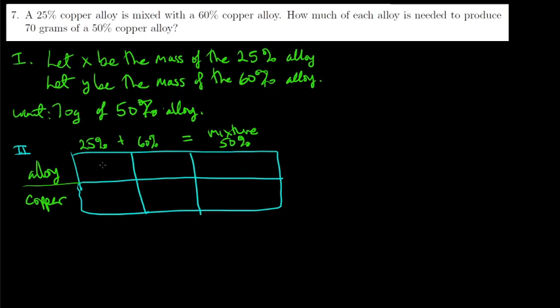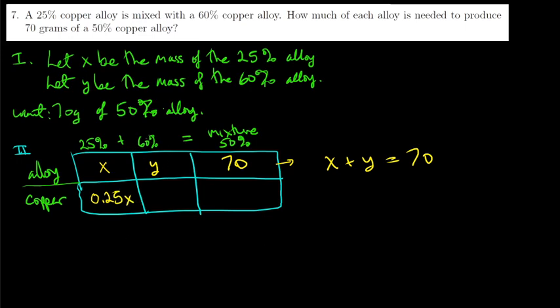So for the alloy, we have X grams of the 25% plus Y grams of the 60%, and we want 70 grams for the 50% mixture. So that equation just becomes x plus y equals 70. Of the X grams, how much of that is pure copper? Only 1/4 of it, 25%, or 0.25 times x.